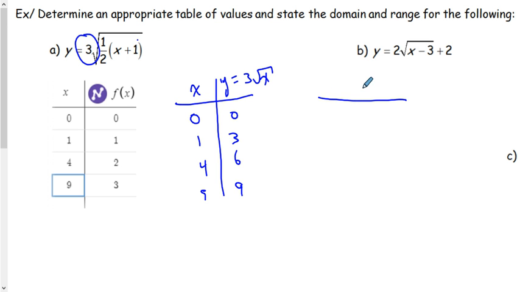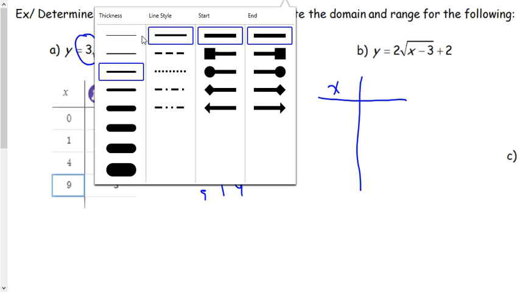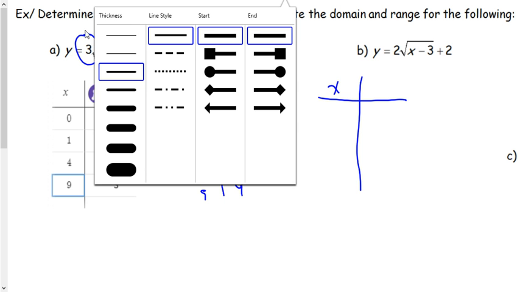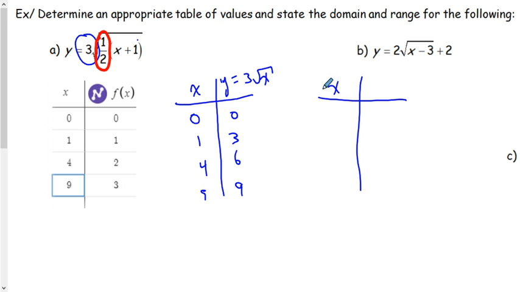Let's keep going. Let's go one step further. Now I'm going to look at my next one here. I'm going to divide all of my x values by a half. Now when I'm dividing by a half, that's the same as multiplying by 2. So really what I'm going to do is multiply all of my x values by 2. So I'll put my y values in, leave them the same.